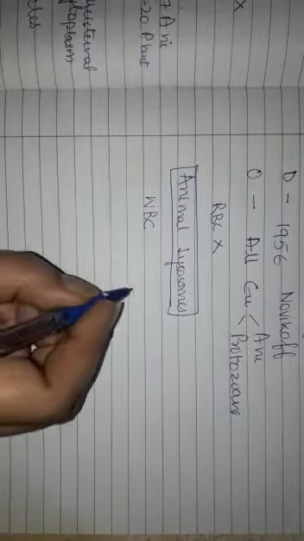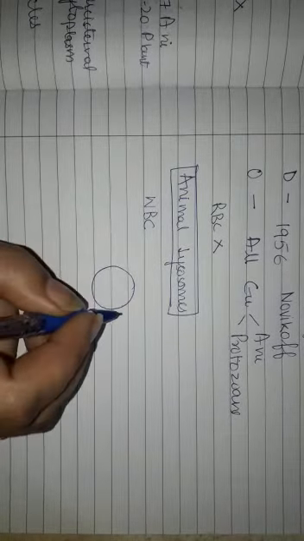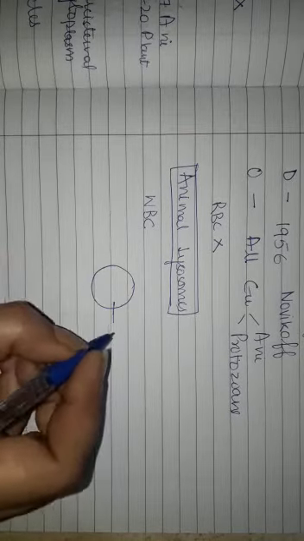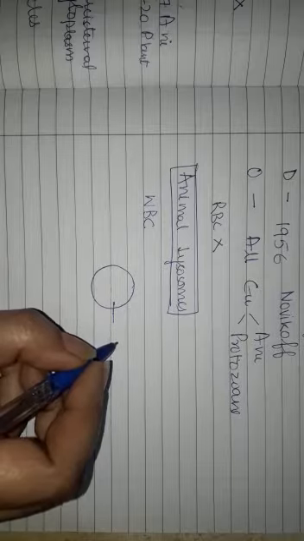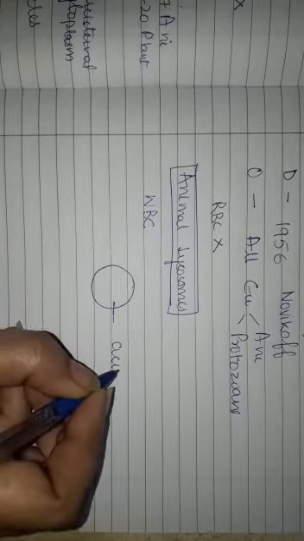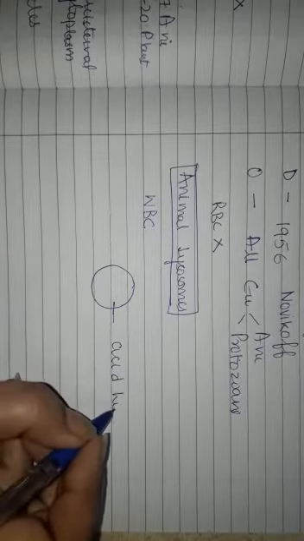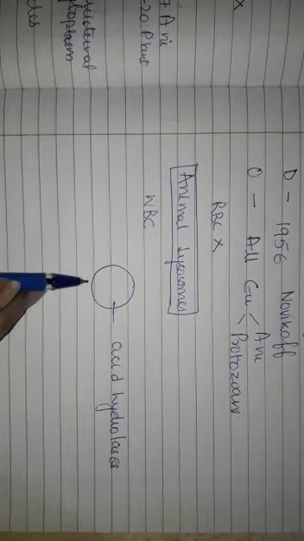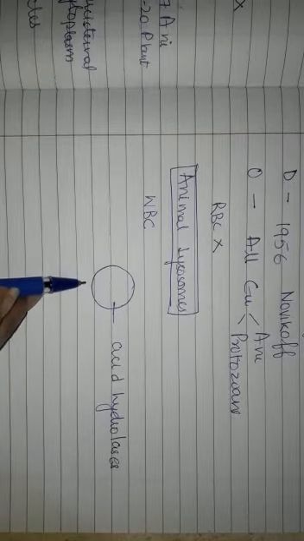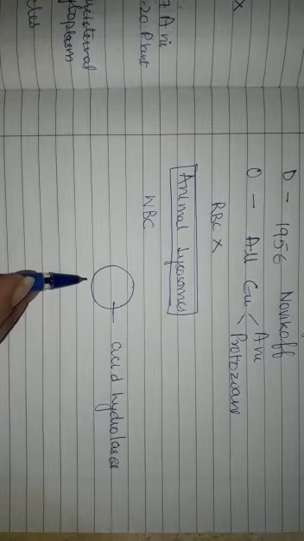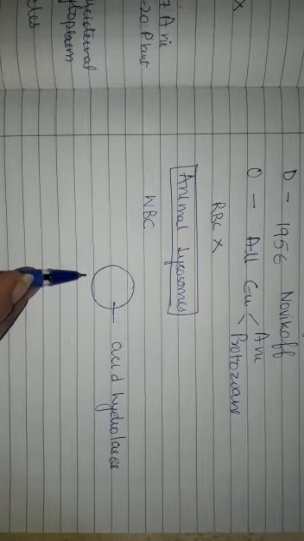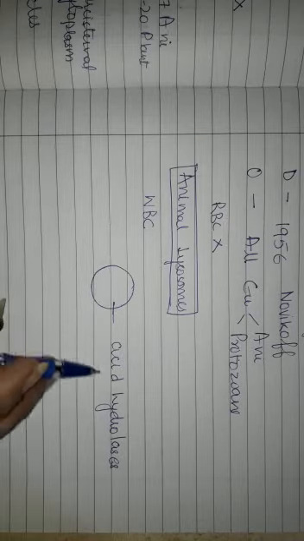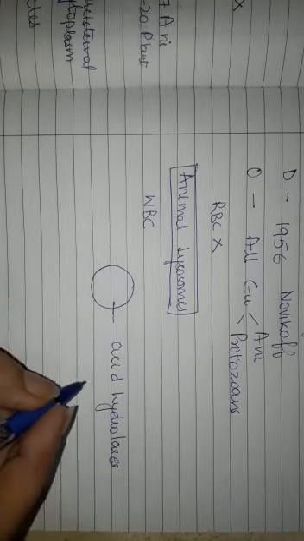They are spherical structures, and these spherical structures contain a variety of enzymes, and these enzymes are called acid hydrolases. A tiny sac which is bounded by a single unit membrane, and the membrane is made up of lipoproteins, and it contains various enzymes called acid hydrolases.